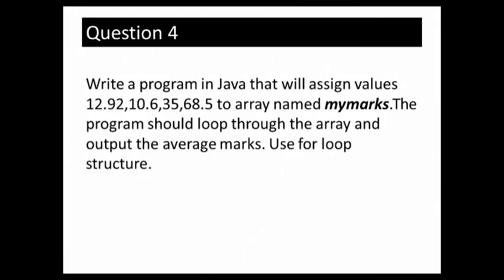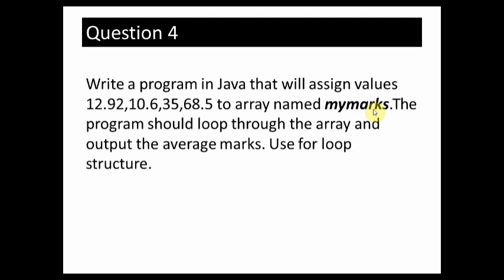Question number 4, write a program in Java that will assign values 12.92, 10.6, 35, 68.5 to an array named mymax. So the program should loop through the array and output the average max. Use for loop structure.